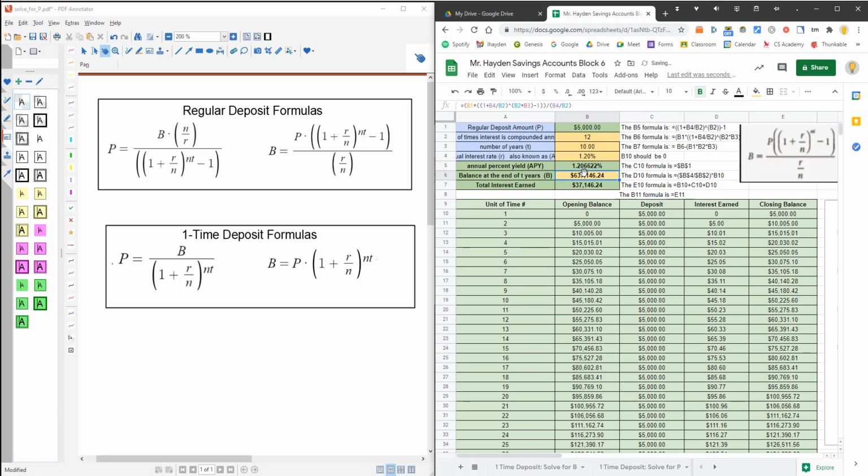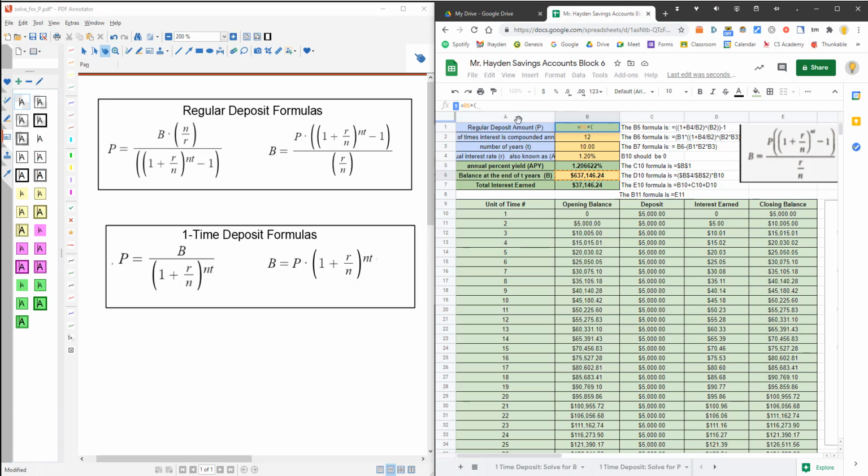So I'm solving for P. Up here in B1 is where my formula is going to go, because this is what I'm trying to compute. I put an equal sign, and then B is B6, times n over r.